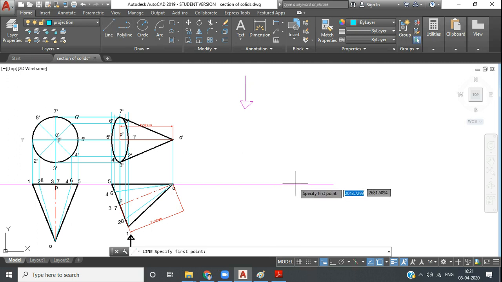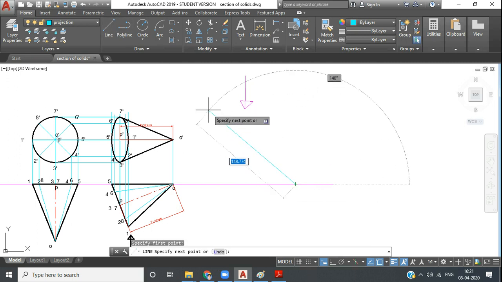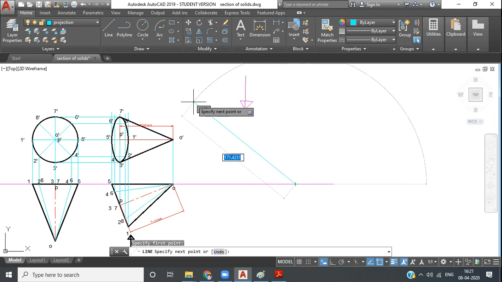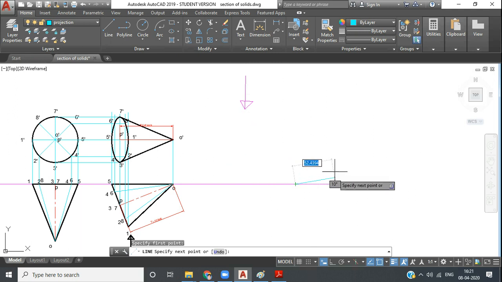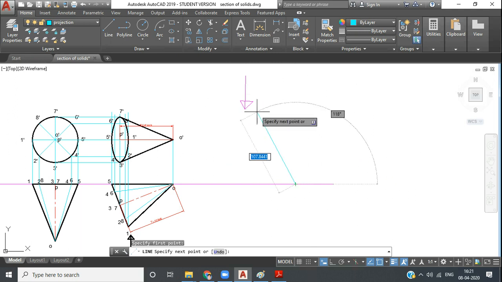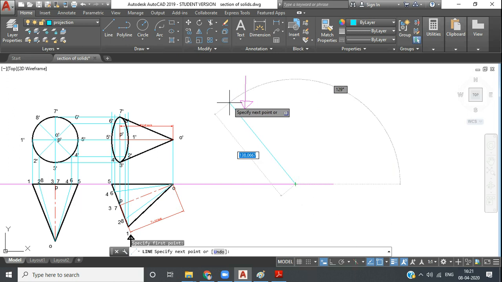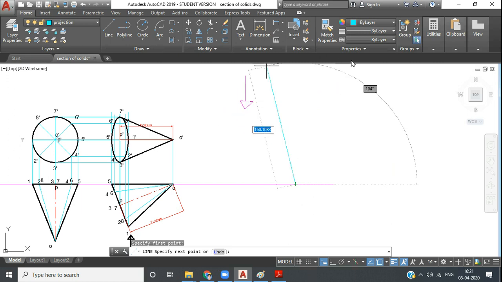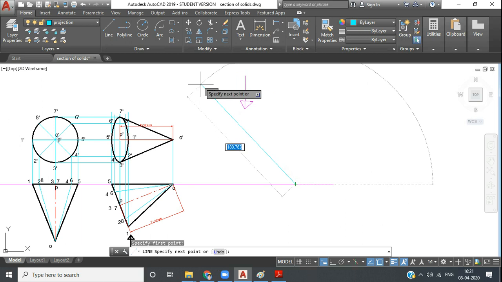Your 45 degrees will be from here. In AutoCAD the angle is counted from this side. See, this angle is showing 118, 127, 129. The length will be anything, and I want 45 degrees from here.